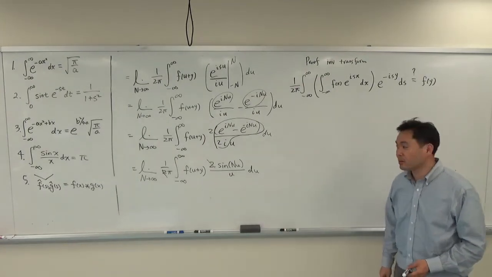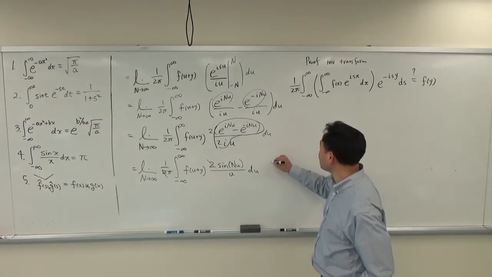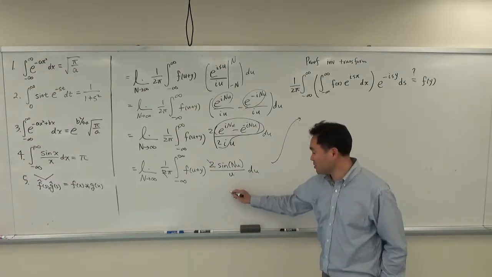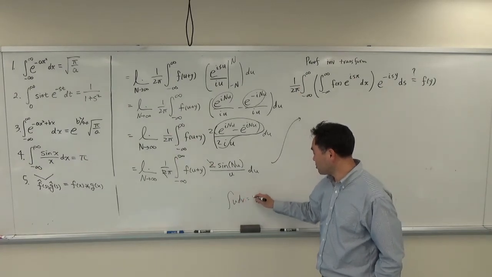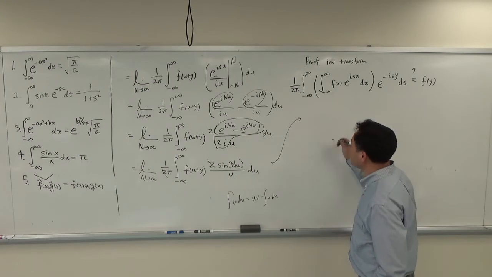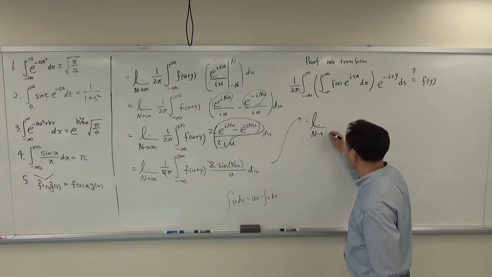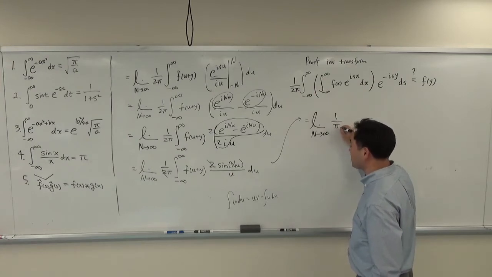So I'm going to do partial integration by parts: u dv equals uv minus the integral of v du. But at this point, I think I'm losing a lot of audience, so let me just quickly do the integration by parts and see where it leads us.